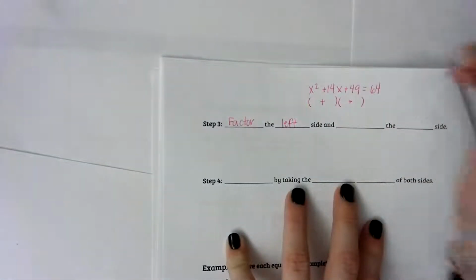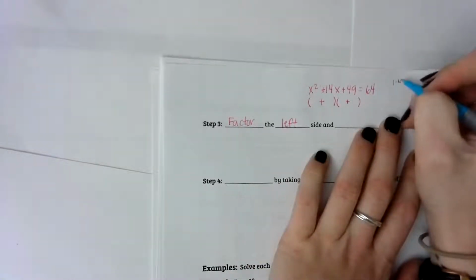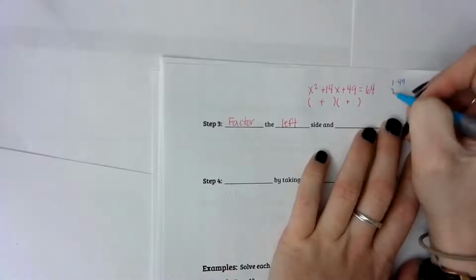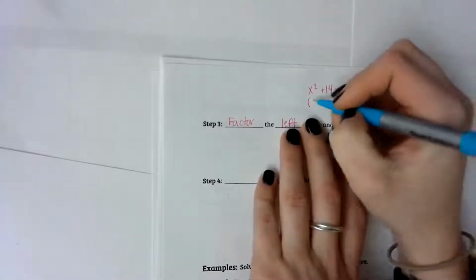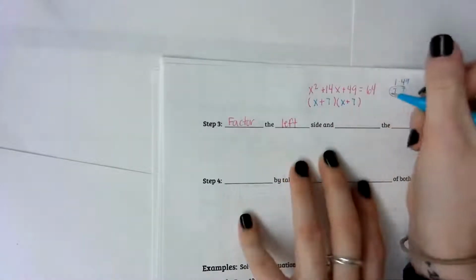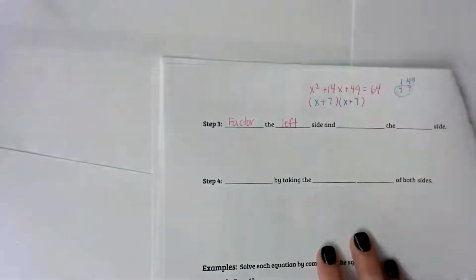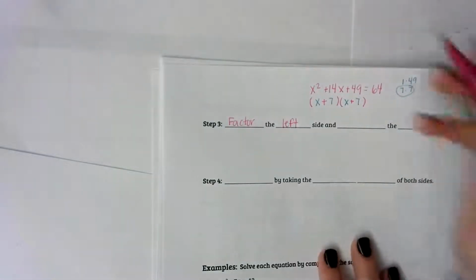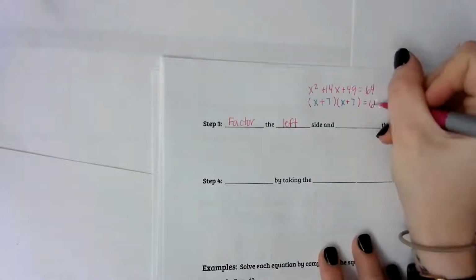So we've got 1 times 49 and 7 times 7. So that's the one. So x plus 7 and x plus 7. And that equals the 64.